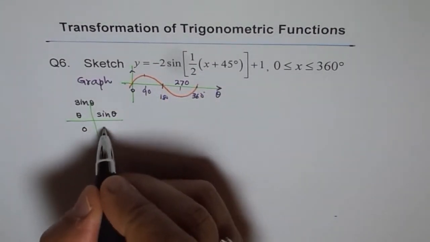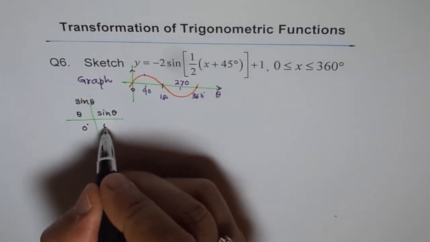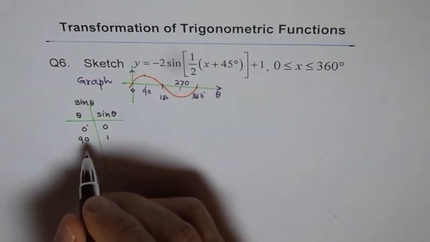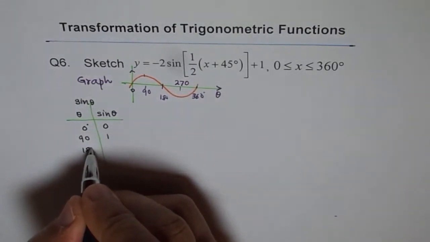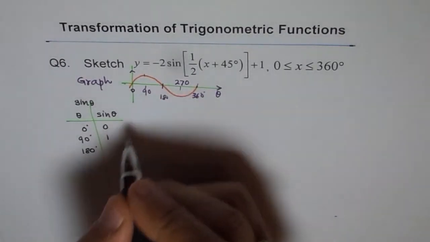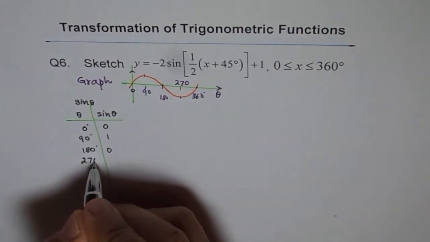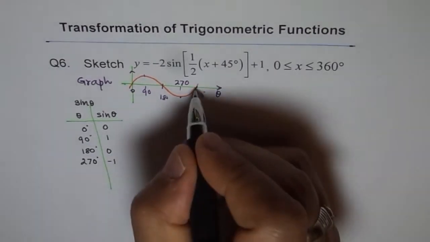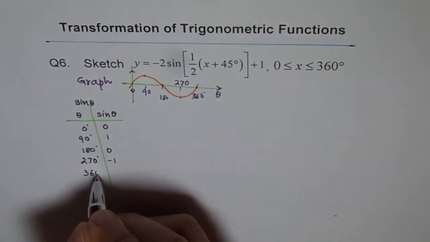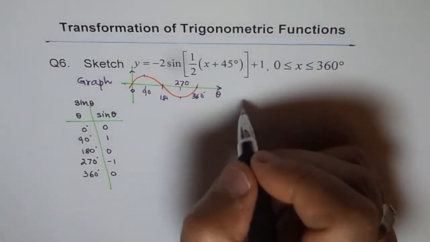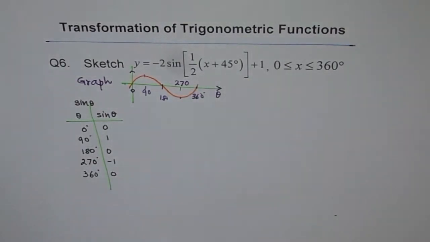At 0, sine theta is 0, and at 90, we have a value of 1. At 180 degrees, we have 0. Now 270 gives us minus 1. And 360 degrees, it comes back to 0. After that, the function repeats. It's a periodic function with a time period of 360 degrees.